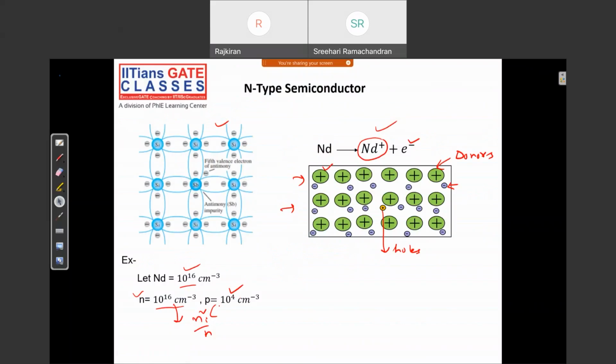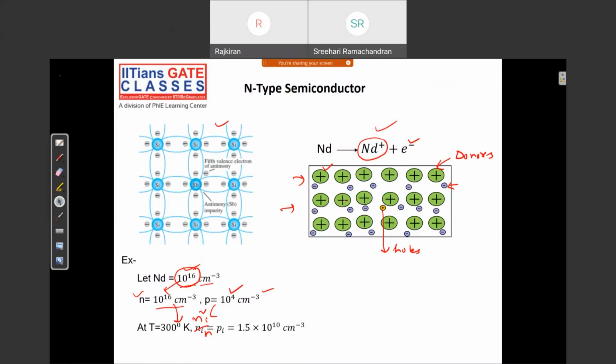If I dope with 10 power 16 atoms per centimeter cube, then the electron concentration will be equal to the donor concentration and the hole concentration, ni squared by n, will be equal to 10 power 4. So the holes are very few compared to the electrons.